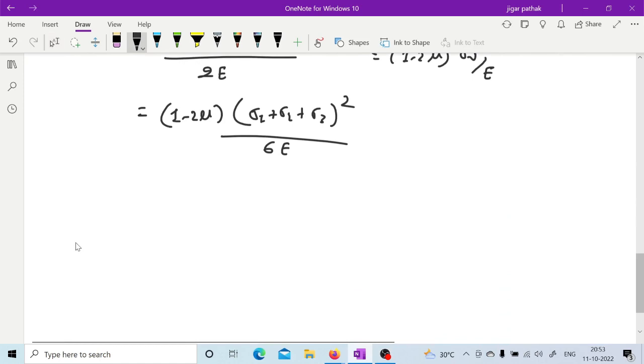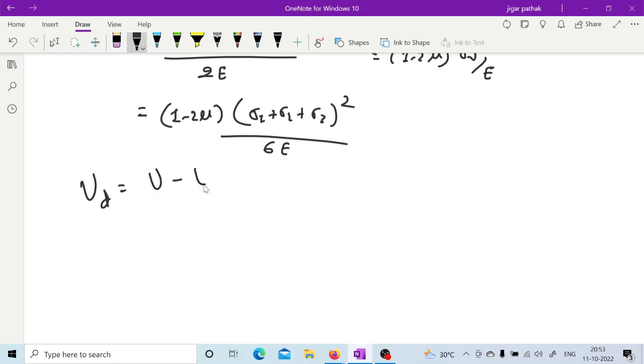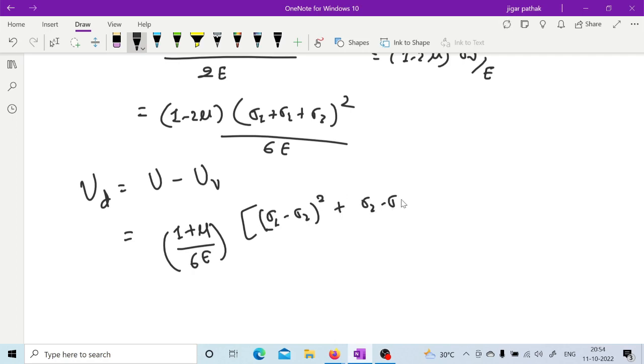Once you have u and uv both, you can get ut, that is u minus uv. If you put all those values, you end up with 1 plus mu upon 6E into sigma 1 minus sigma 2 square plus sigma 2 minus sigma 3 square plus sigma 3 minus sigma 1 square.